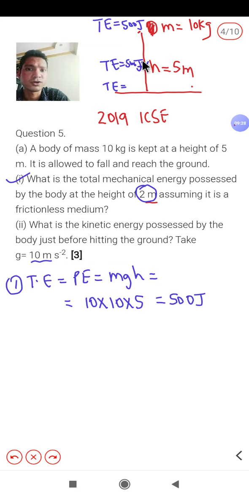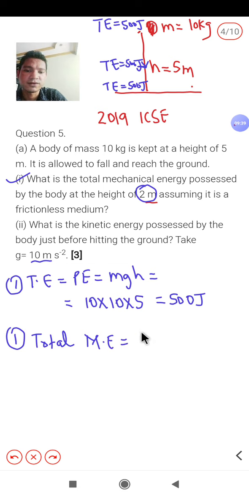You just need to write: total mechanical energy will be 500 joule according to the law of conservation of energy. And one more thing, it's a frictionless medium. If there is friction, there will be loss of energy. So no friction, no loss of energy. So total energy at the top will remain constant everywhere.